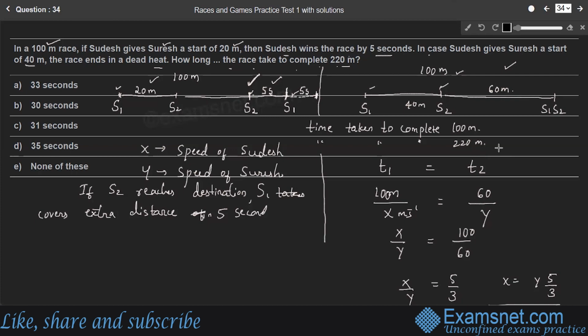Therefore, if S2 reaches the destination, he covers 80 meters of distance.